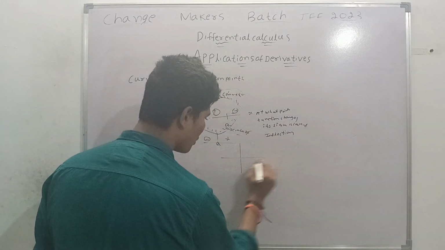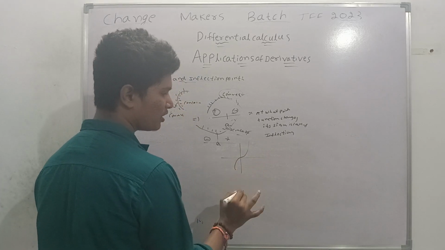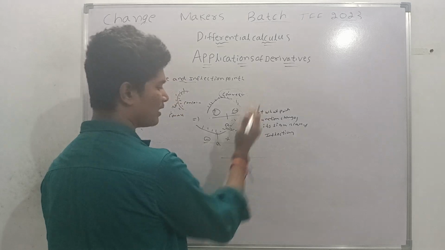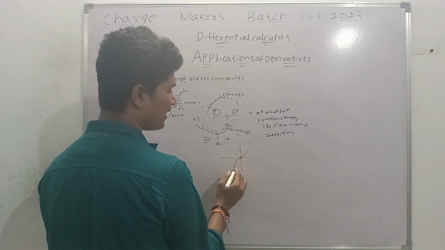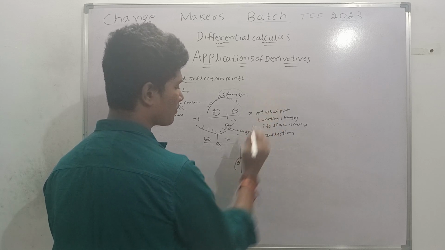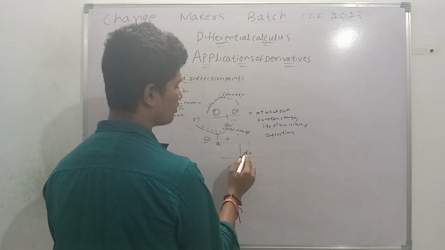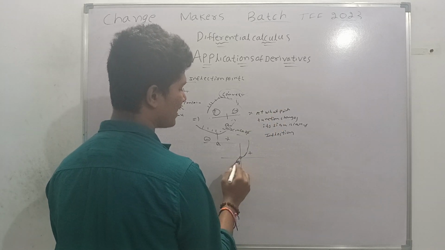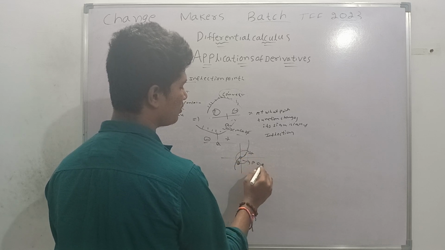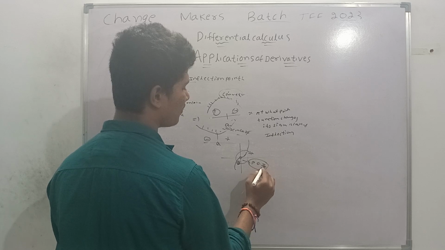Suppose we take the example of x cube, this is the function, the graph is like this. At what point is it changing the curve, that is, the sign? Up to now it is negative, but next it is an increasing graph. So this is negative, this is positive. You will see this is a point of inflection. It is called the point of inflection.